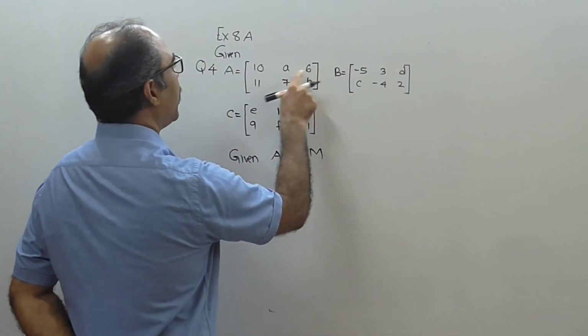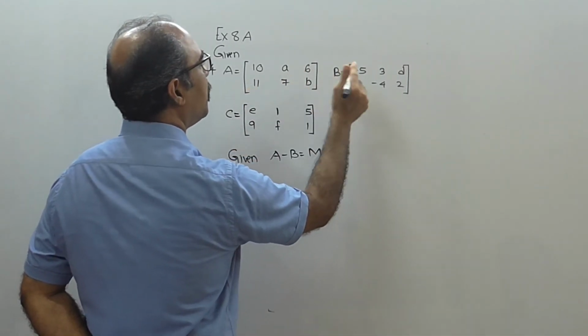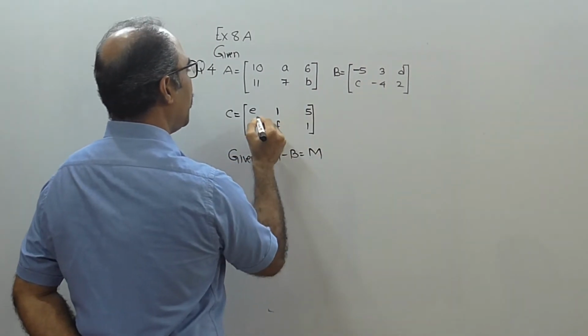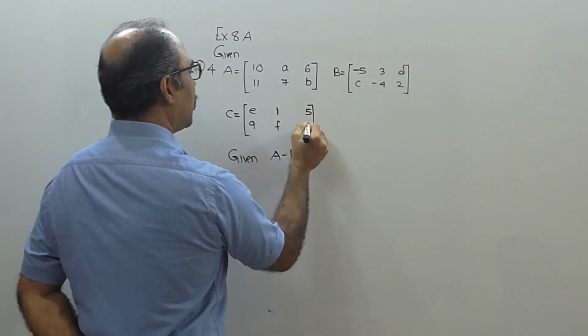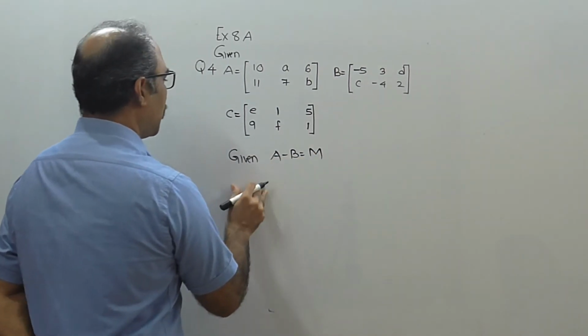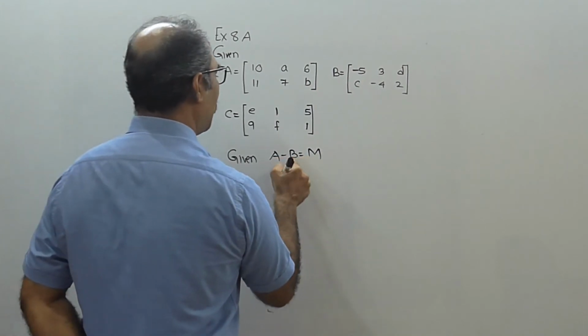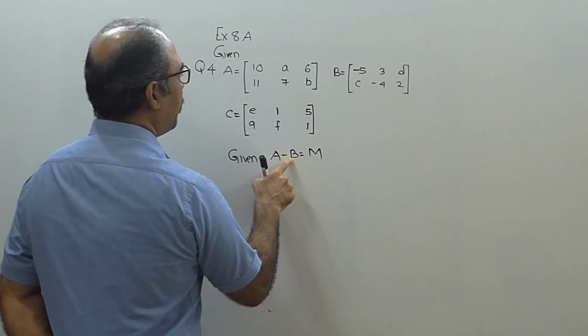A equal to [10, a; 6, 11, 7, b], B equal to [minus 5, 3d; c, minus 4, 2], and M equal to [e, 1; 5, 9, f, 1]. I think we have to find the values of a, b, c, d, e.